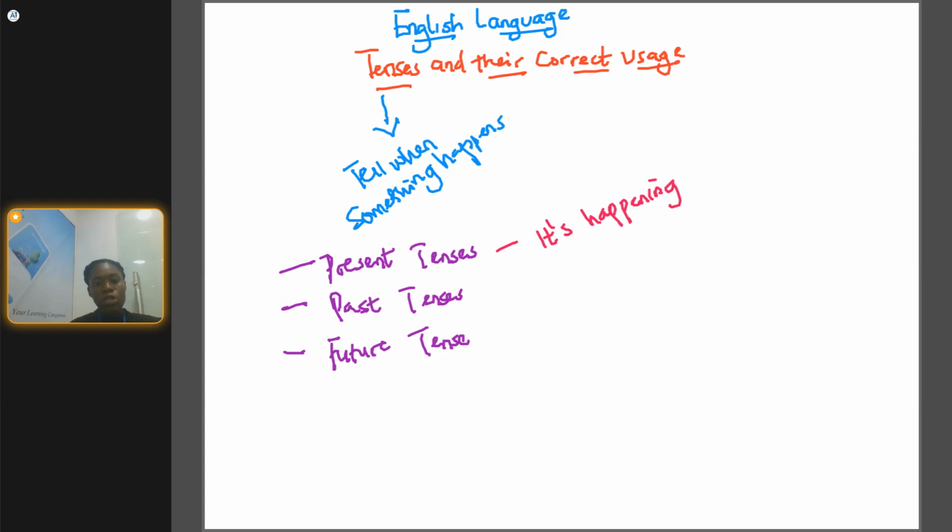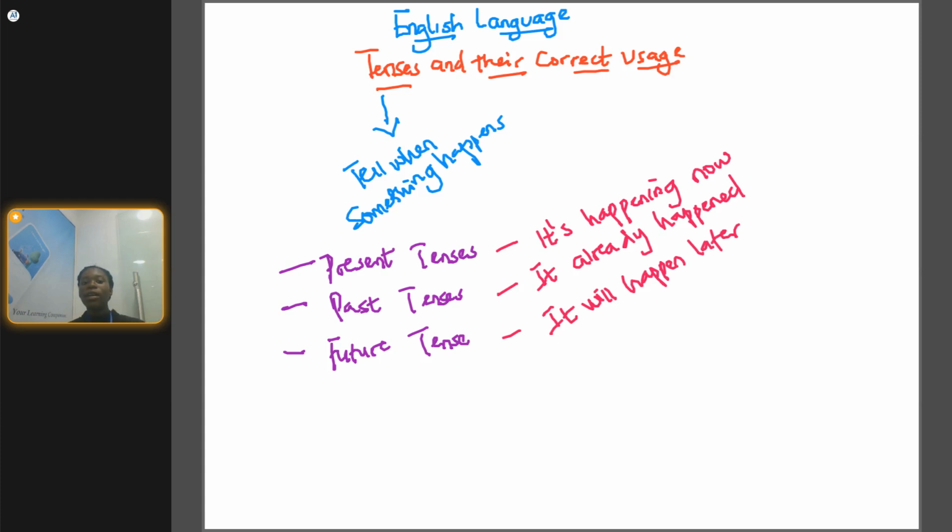That's the best way we can describe it. And for past, we say it already happened. And for the future tense, we say it will happen later.